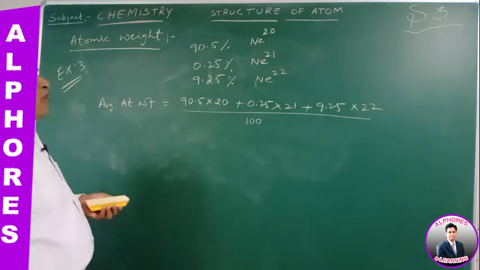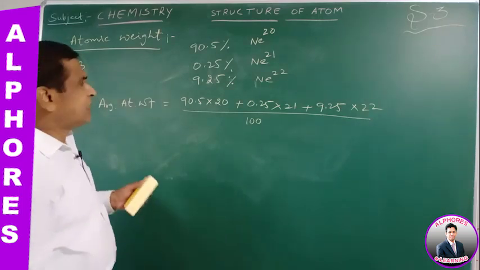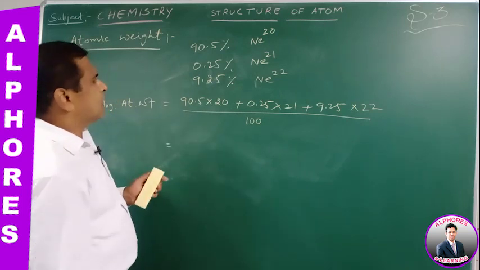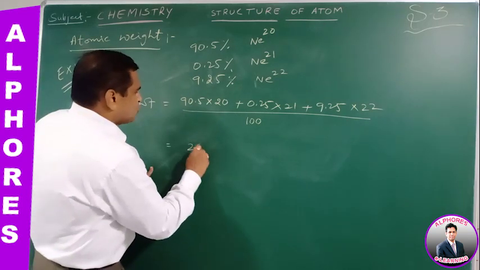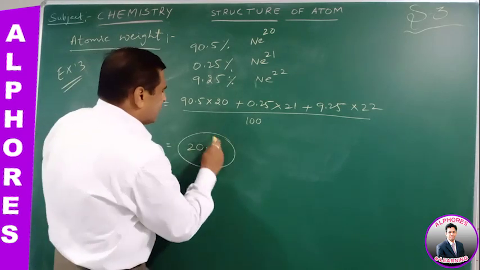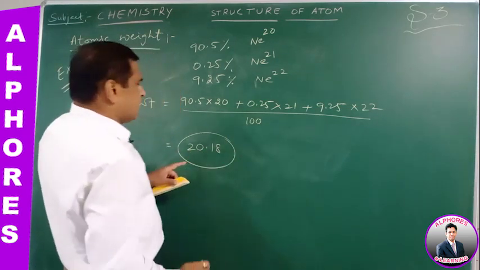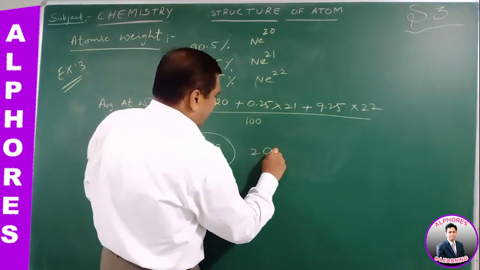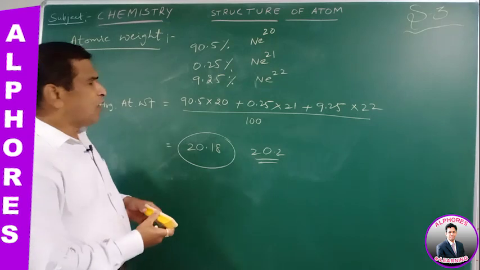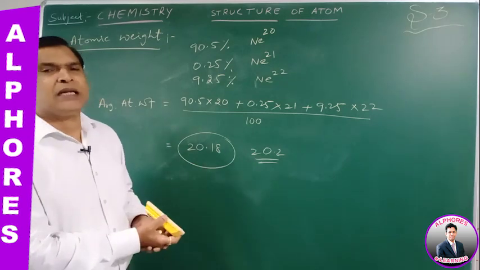After simplifying this, you will get 20.18. So the rounded off value we can consider is 20.2. That is the average atomic weight of the naturally occurring neon.